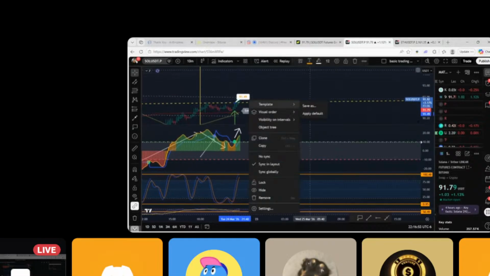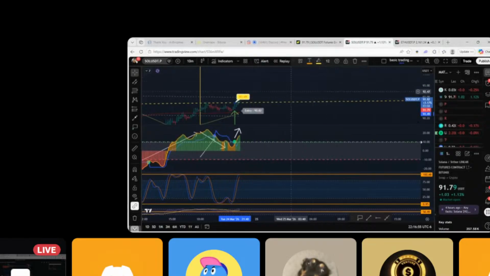I'm going to change this to yellow, and I need this to be blue. There we go. This tells me I'm tracking this trade at 91.49. At the end of this trade, when the 4-hour RSI starts to head down or whatever happens, we're going to close out this trade and see how it did.